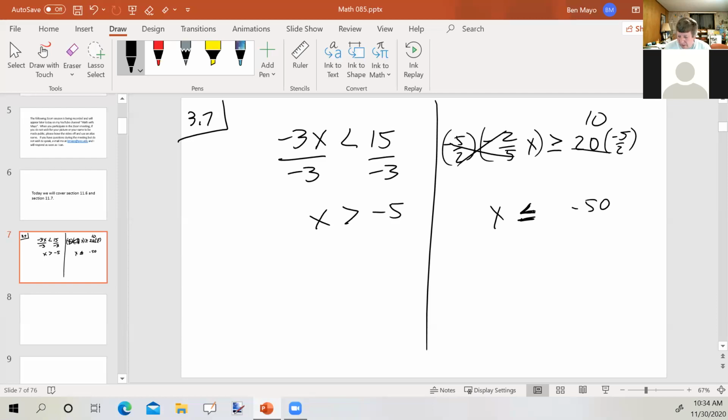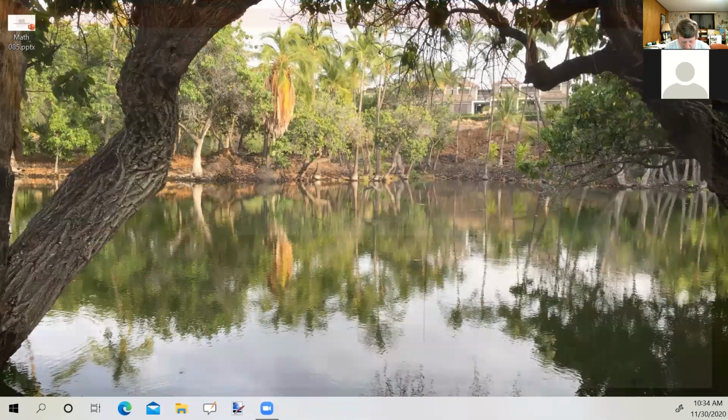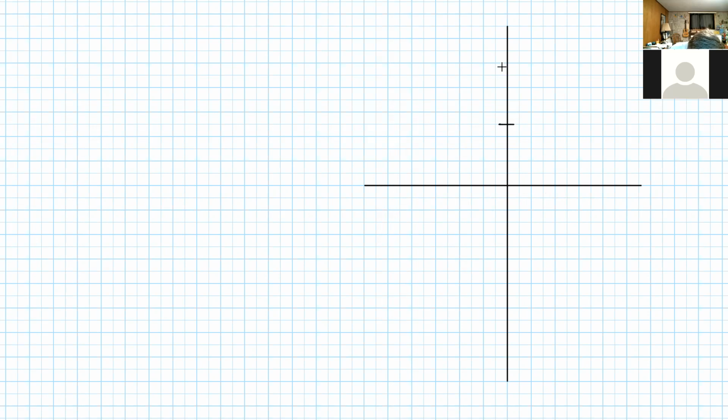All right. Then I'm going to go to a different screen and do some graphing. So let's see here. Okay, 10 and 5 and negative 5.